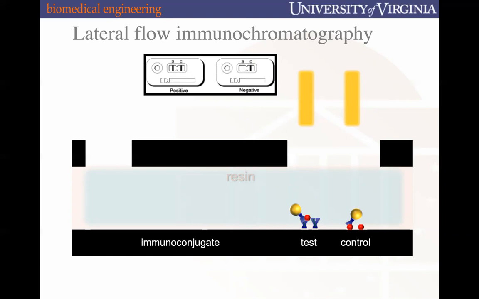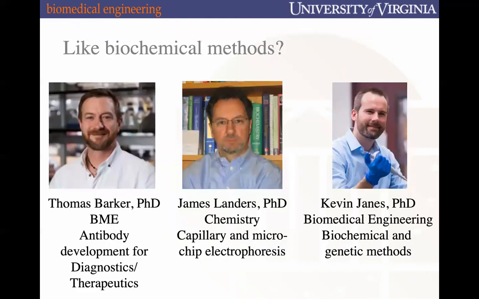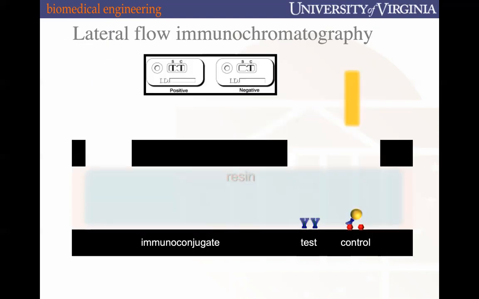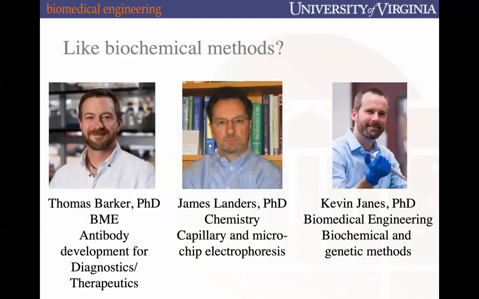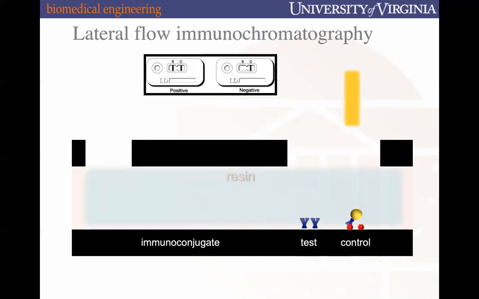The control site is meant as proof that the test worked. You'll have a chromogenic color change at the test site if the biosample is bound, as well as at the control site.